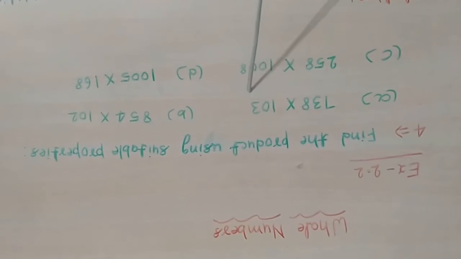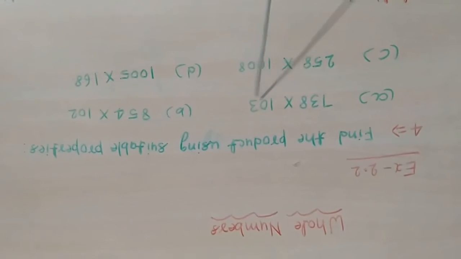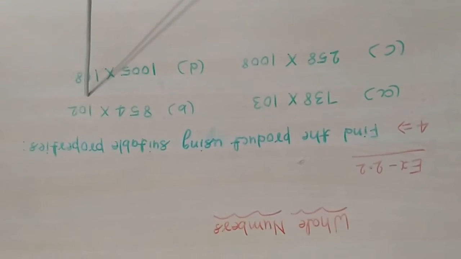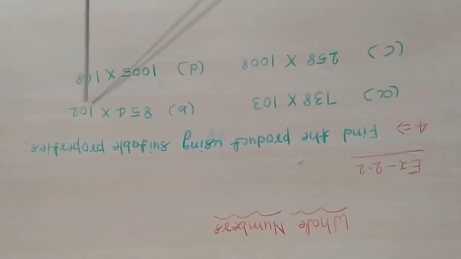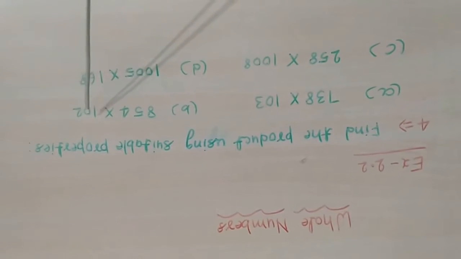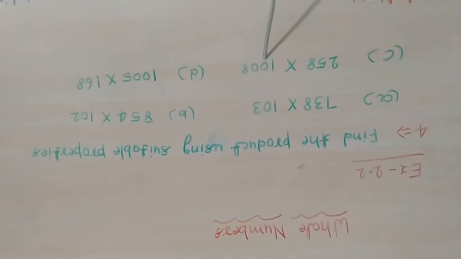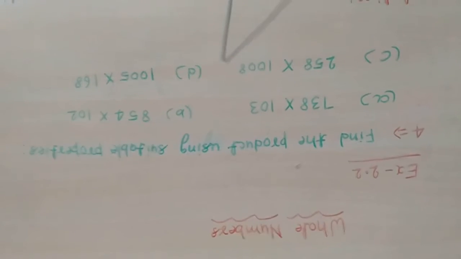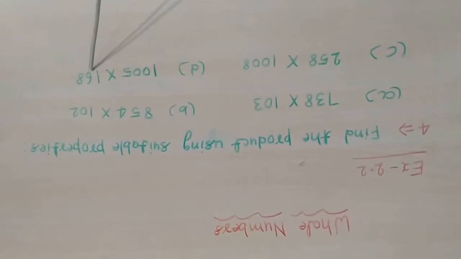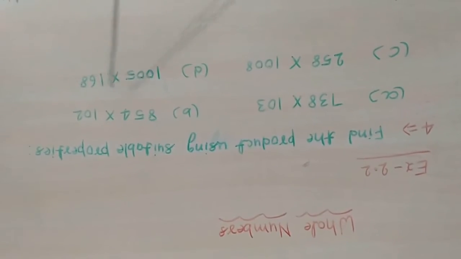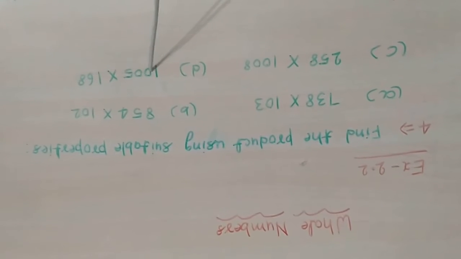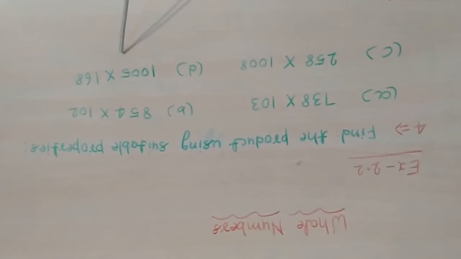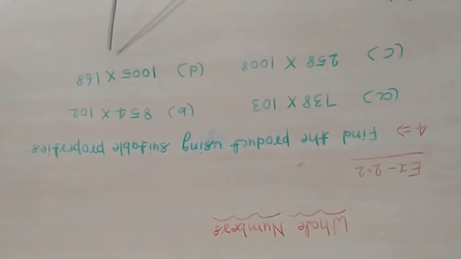So first we break 103 as 100 plus 3, 102 as 100 plus 2, 1008 as 1000 plus 8, and 1005 as 1000 plus 5. Then we use the property that multiplication is distributive over addition.